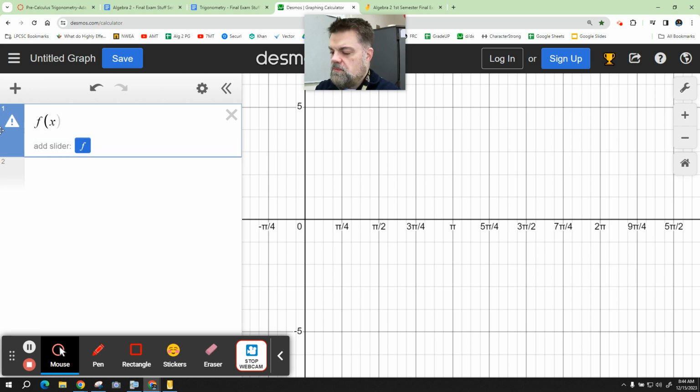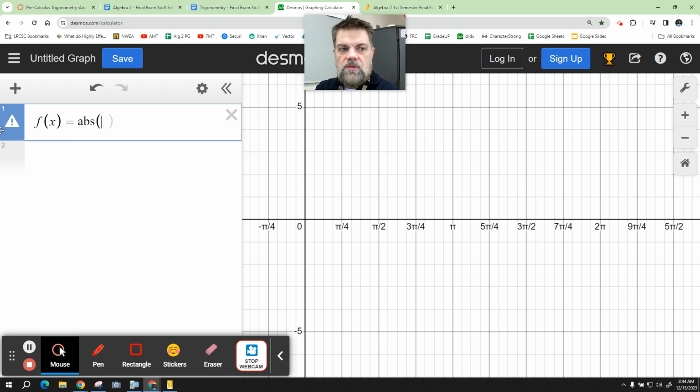Put it in the parentheses like this, equals, ABS is how you do absolute value, right? X, close the parentheses, plus what? 1. What's that?